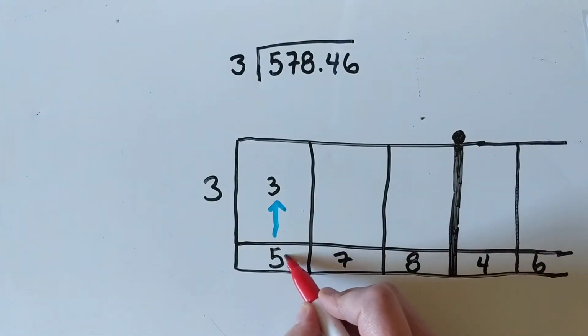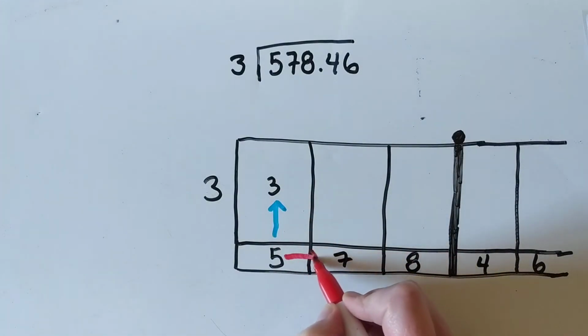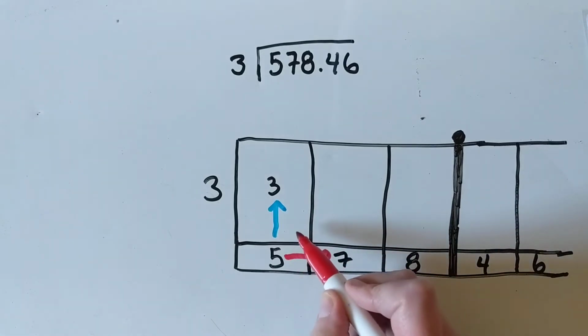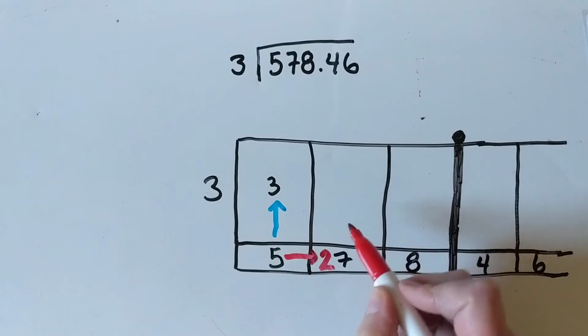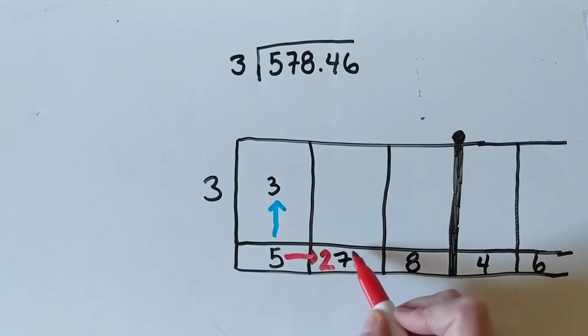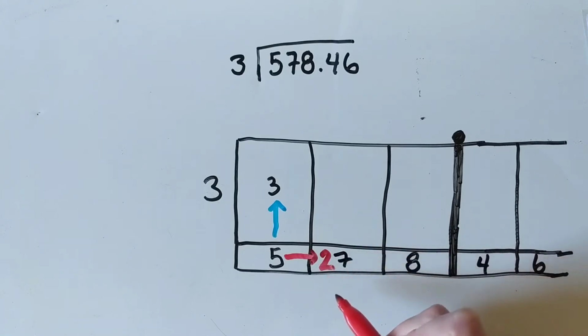So in my red arrow, I explode that back. So those 200 blocks are going to explode into tens blocks. So 200s would make 20 tens. And I already had 7 there, so now I have 27 tens in this section.